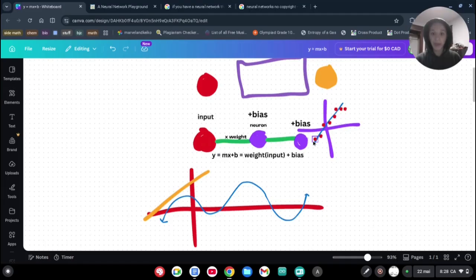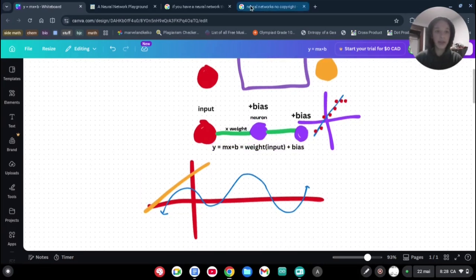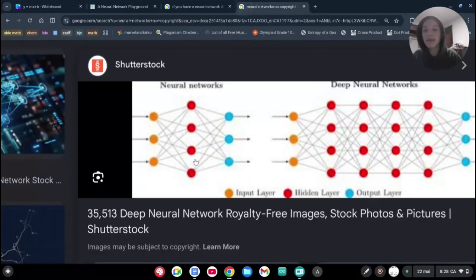Okay, and so now that we know adding neurons is not the solution to our problem, actually, I want to talk about one more thing. Here I just did this path.